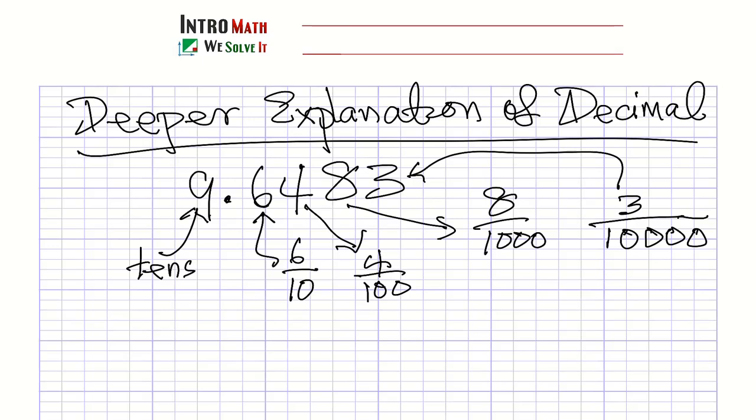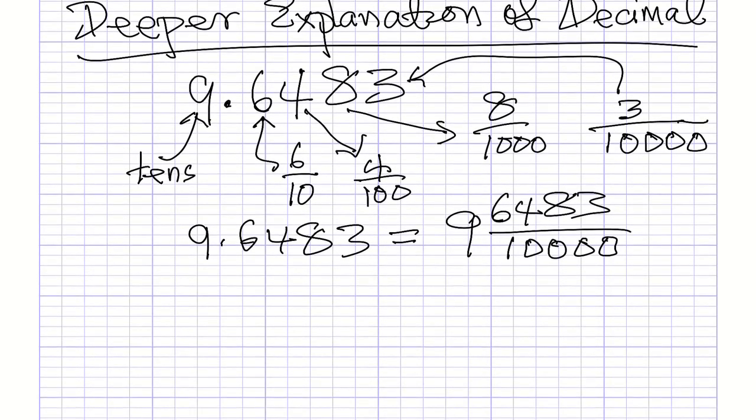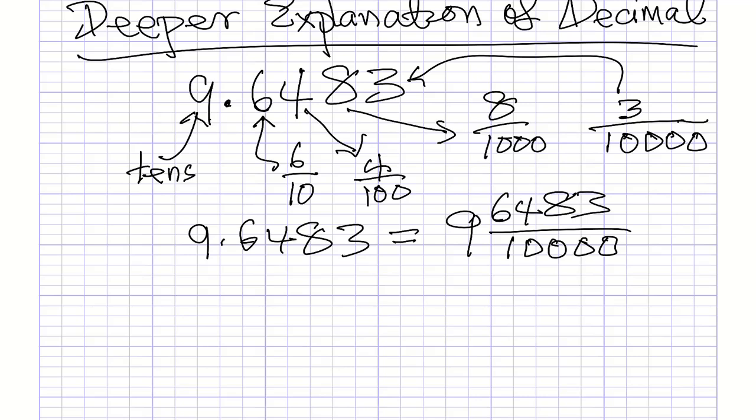So basically 9.6483 is the same as 96483 over 10,000, right? That's 4 zeros, right? Okay. So notice something I want you to pay attention to and understand.